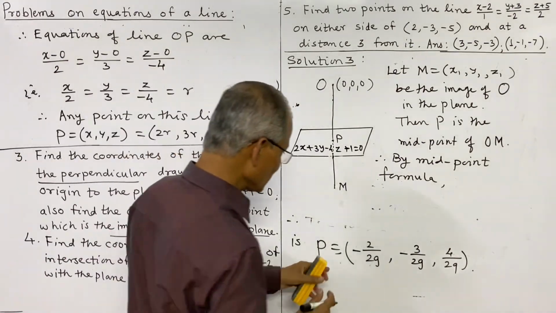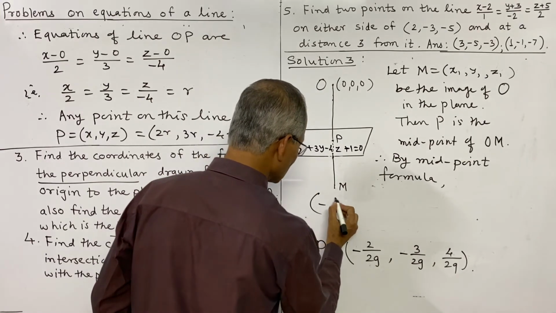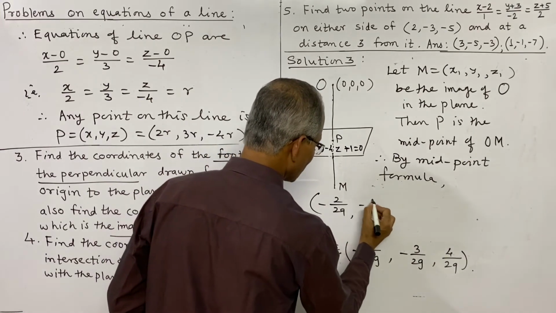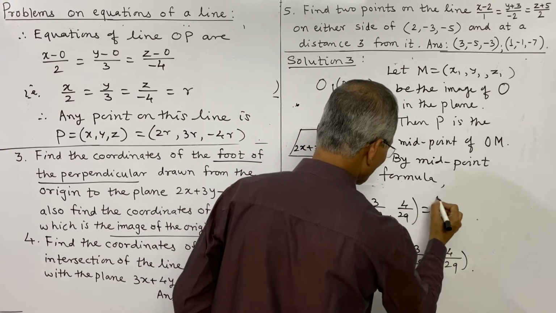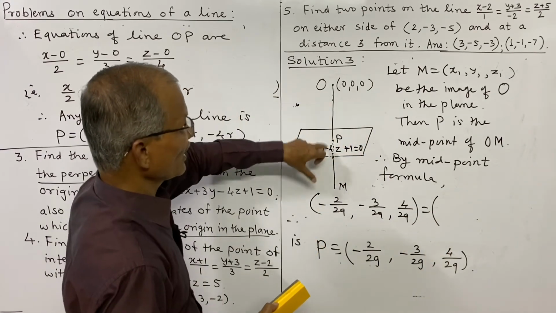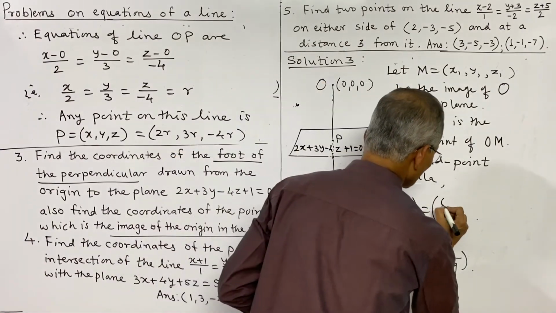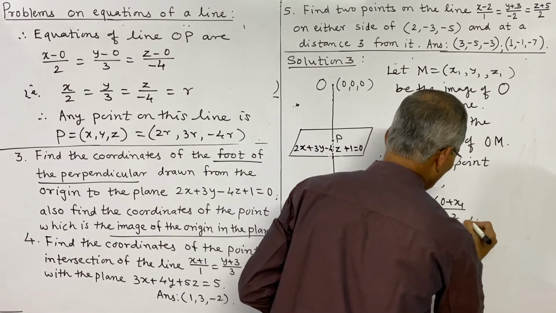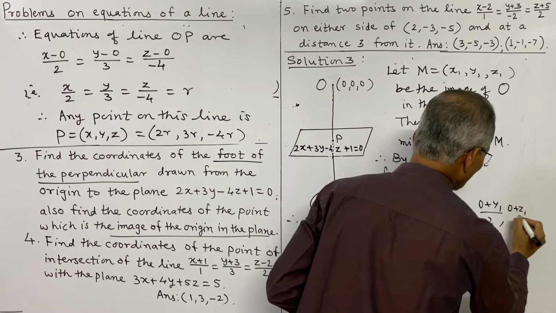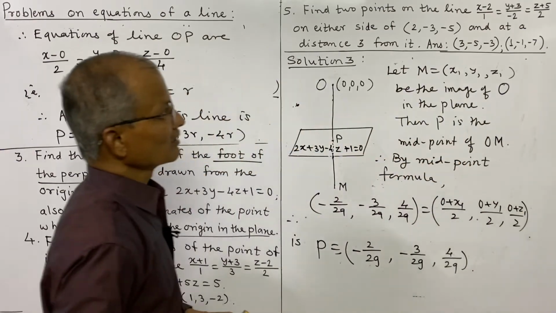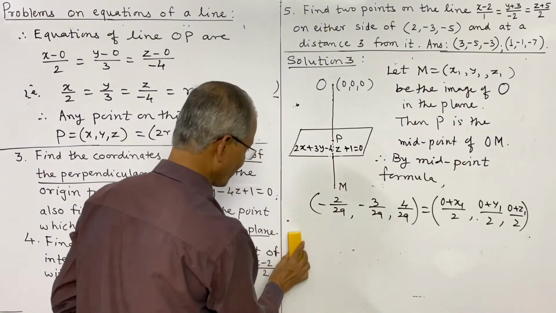The midpoint's coordinates are those of P, which are minus 2 by 29, minus 3 by 29 and 4 by 29. So this is equal to the midpoint of O and M: 0 plus x1 divided by 2, 0 plus y1 divided by 2, and 0 plus z1 divided by 2. From this we can easily obtain M, x1, y1, z1.